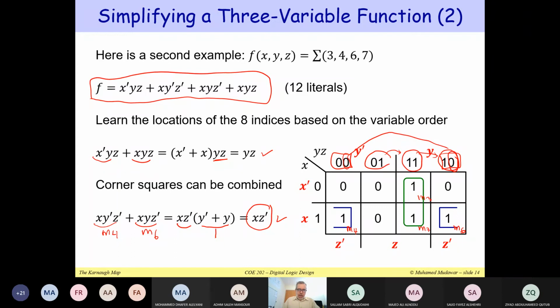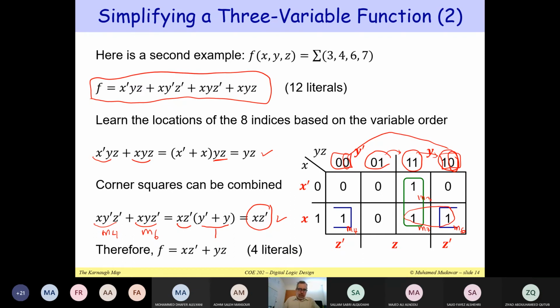And now you have already covered these 4 minterms. You could combine 6 with 7, but this will give you an extra term. There is no need for this extra term because you have already covered all of these 4 minterms inside the Karnaugh map. Adding an extra term will not make your function minimal.